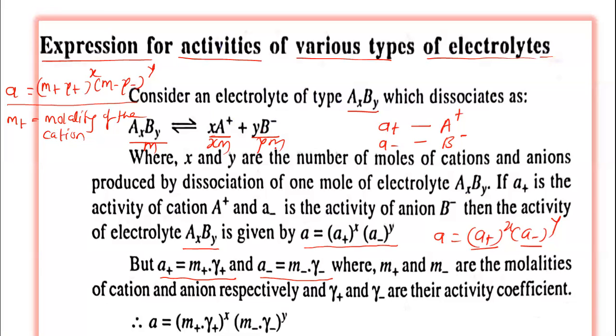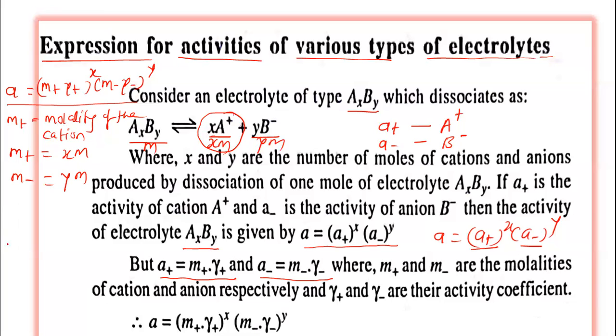So in this derivation, we can write the molality of the cation is equal to X into M, because this cation is present in the solution, and the molality of the anion is equal to Y into M. Okay, so we can put this M plus and M minus into the derivation.